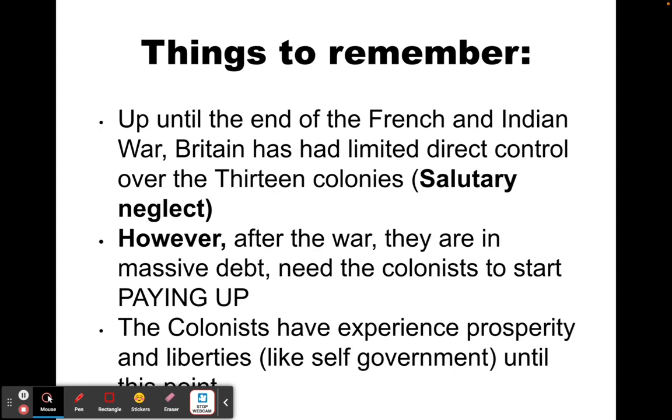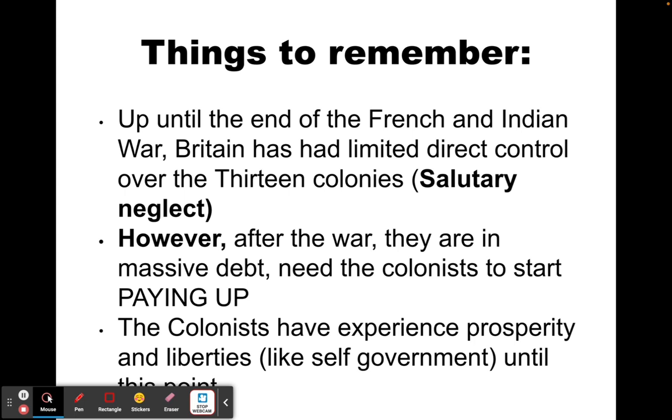So, a couple of things to remember. Up until the end of the French and Indian War that we just covered in lesson 2, Great Britain, for the most part, has had limited direct control over the 13 colonies. This is what we call salutary neglect. So, obviously, the British were passing laws, but they really weren't enforcing anything in the 13 colonies.